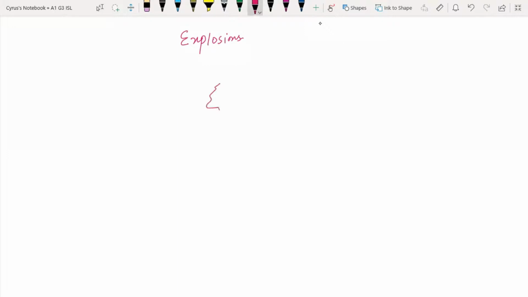We have here a particle which is stationary or at rest. This is of mass m. I'm going to write it as capital M. This is stationary or at rest. What happens is that it explodes. When it explodes, one mass goes here.